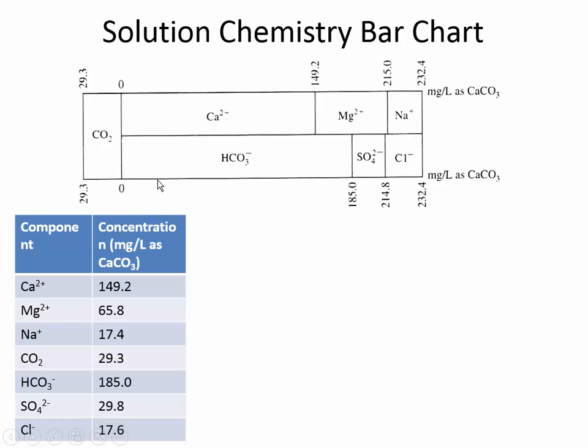So let me just summarize that on the board. So here is our hardness. And we're going to be adding more and more lime, but until we use up all of the CO2, we don't start to remove the hardness. And so how much lime we add is going to include the CO2.